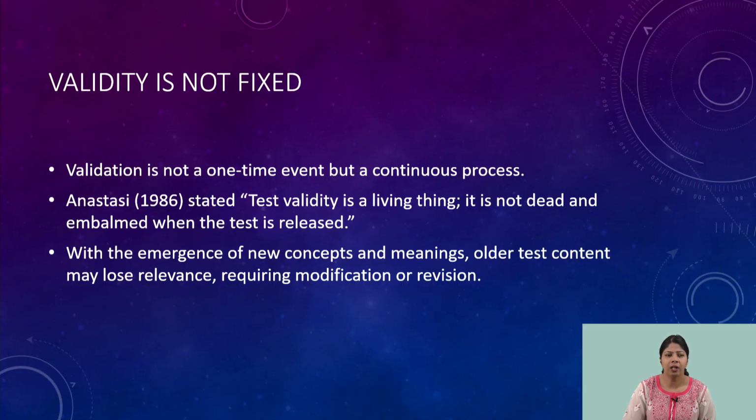The test content may lose its relevance. Let's take an example of it. Now, there is an effect called the Flynn effect, which we talk about in terms of intelligence. What the Flynn effect claims is that with every next generation, the level of average intelligence goes a little higher.